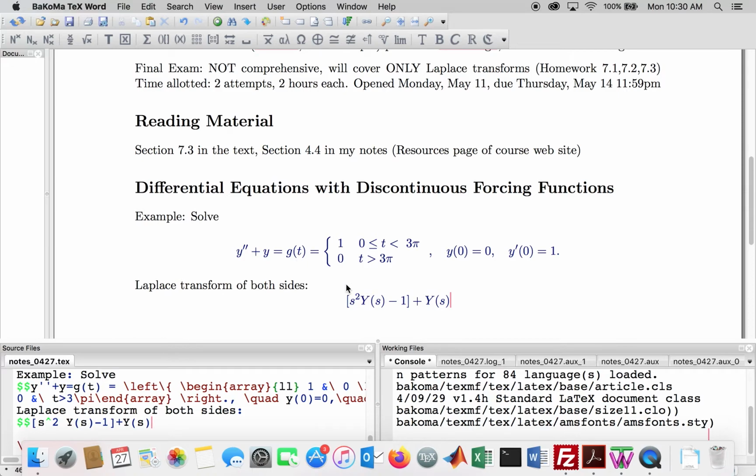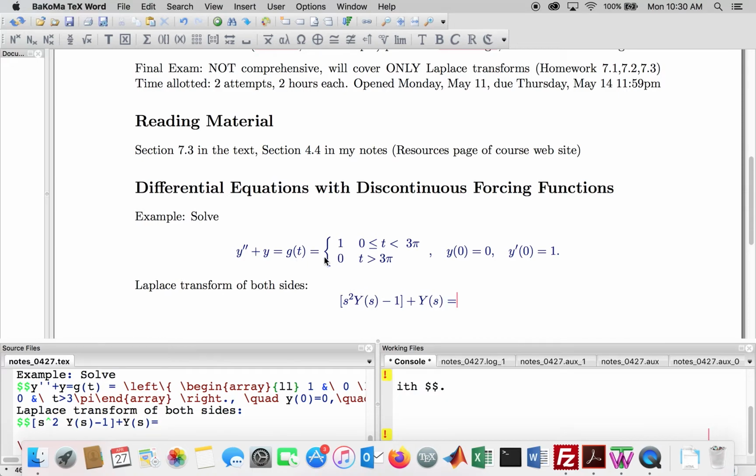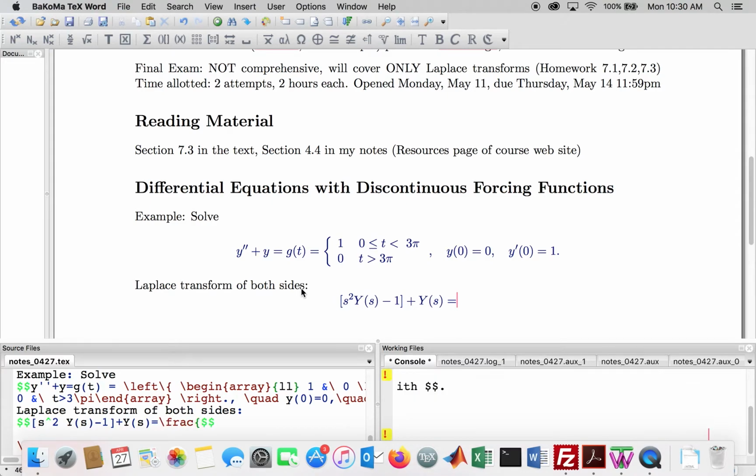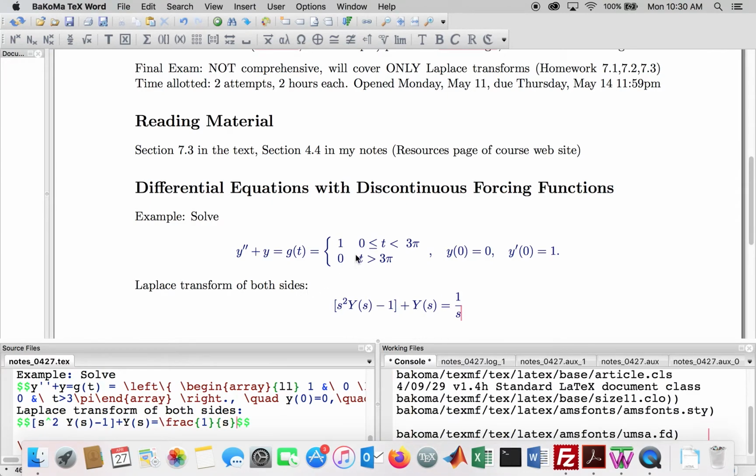And now on the right side, we need to take a Laplace transform of this function here. The way that works is at t equals 0, we just have a function equal to 1. So the Laplace transform of 1 is just 1 over s. That accounts for the 1 part. But now for the discontinuity, at t equals 3 pi, we have to turn off 1.